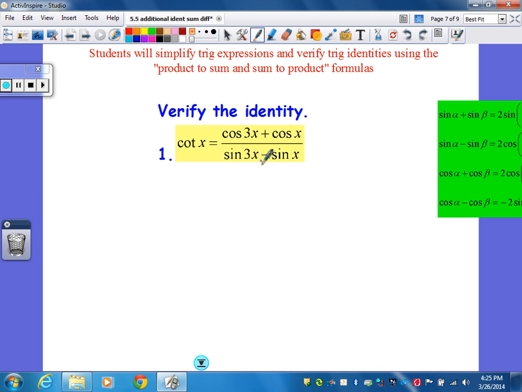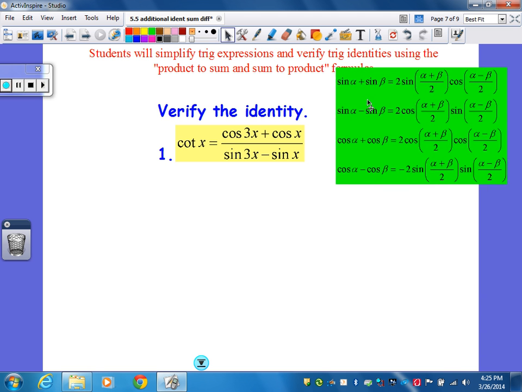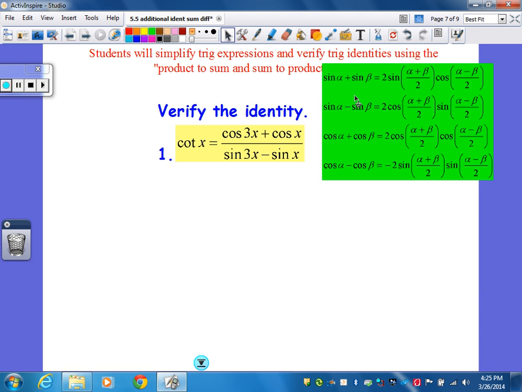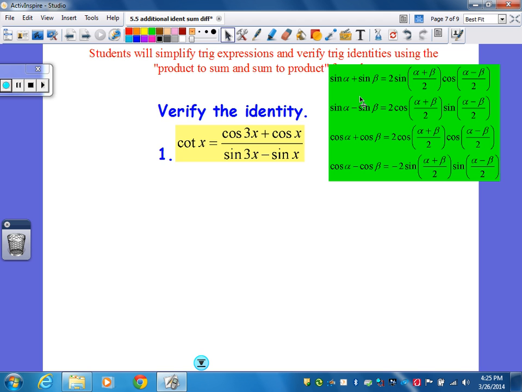We want to make those both multiplication. Well, once again, we can go back to our sheet. We're proving cotangent is equal to that. In this case, I'm going to be working with the side that I want to try and get to my cotangent.